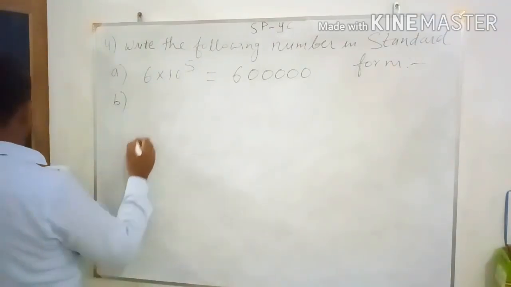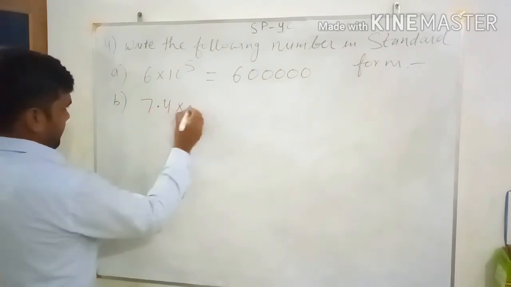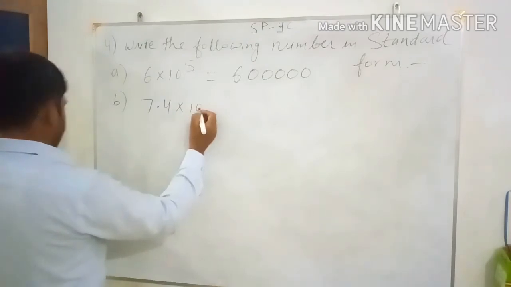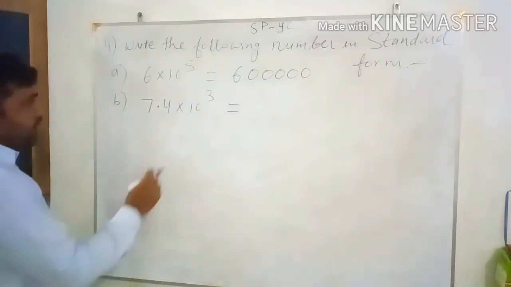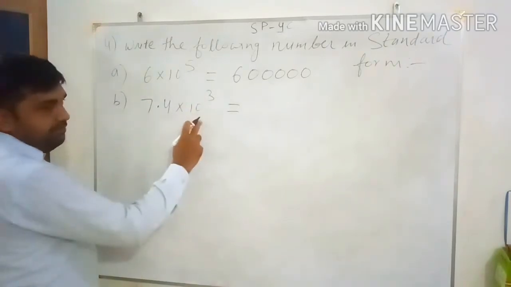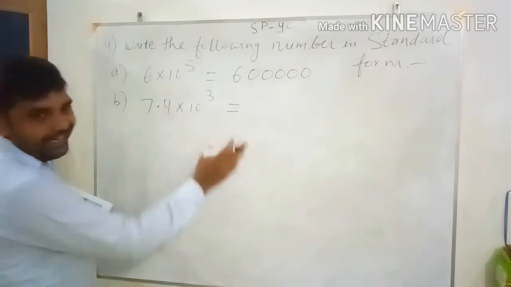B. 7.4 into 10 to the power 3. This means when you multiply by a power of 10, the decimal will shift to the right.